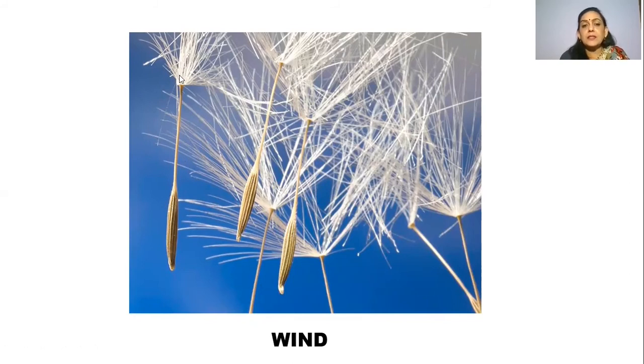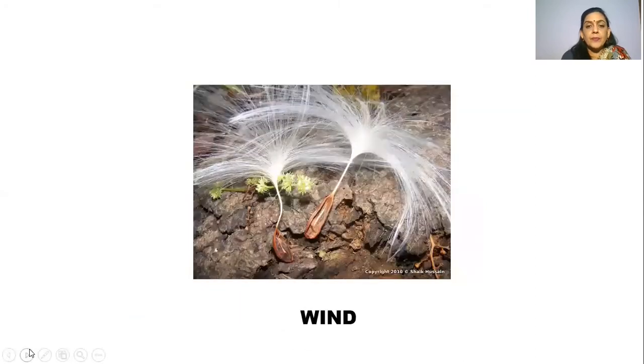These are the dandelion seeds, and these tufts help them to fly easily along with the air. This is again by wind. Again, they have a tuft of hair on top, and this is the seed. So this tuft helps them to fly along with it in the air.